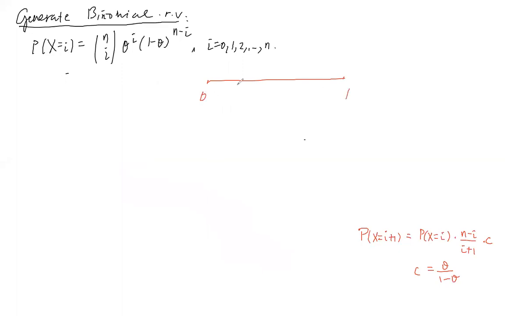So your binomial would basically just create partitions on this line, right? So this may be P x equals to 0. So sequentially, right? P x equals to 1 and so on, okay? So step 1 will be the following. So you generate a uniform 0, 1 random variable, okay? So maybe suppose, say you hit here, right?